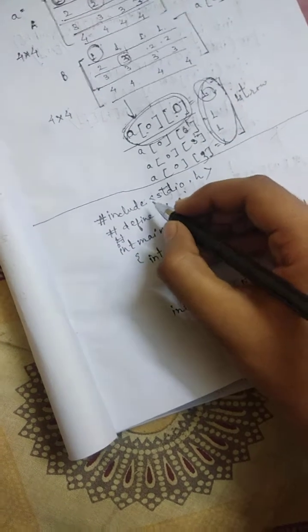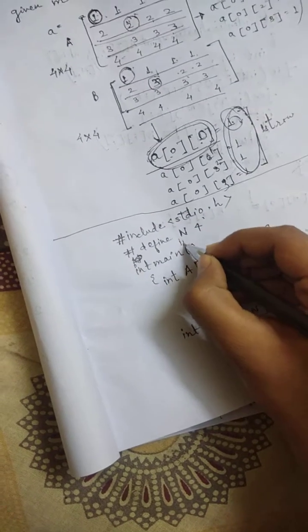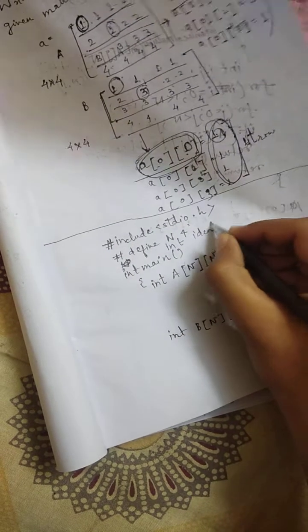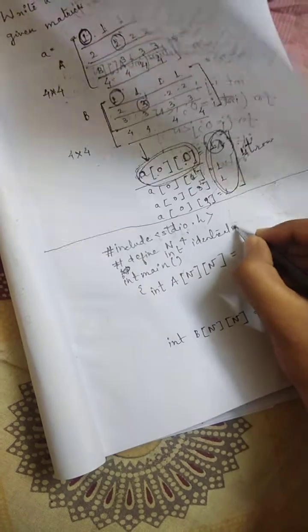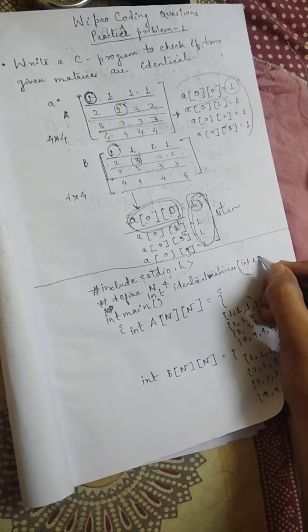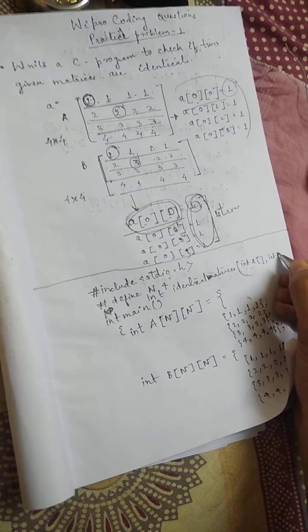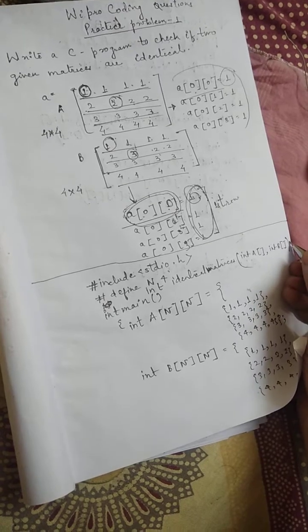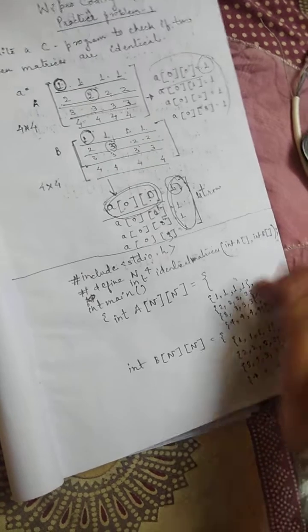Here we will write integer identical matrices, integer a, integer b, and here a semicolon. The semicolon is important.